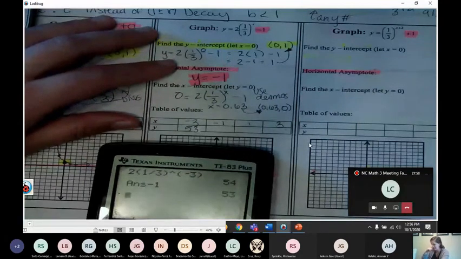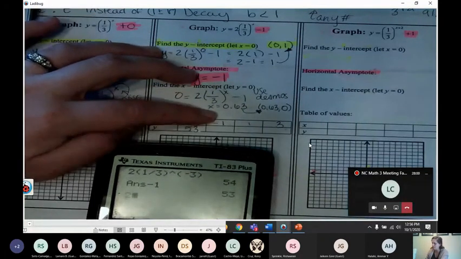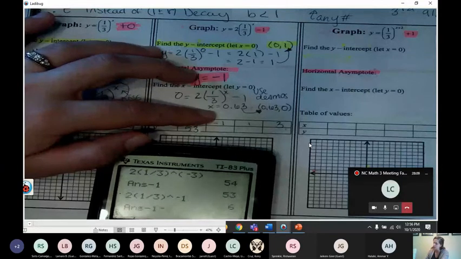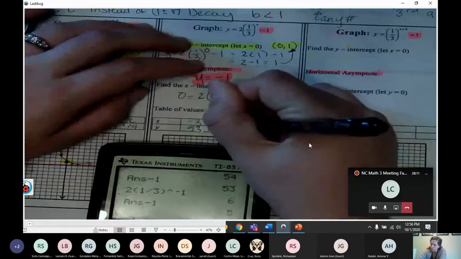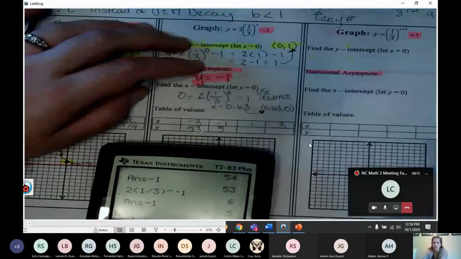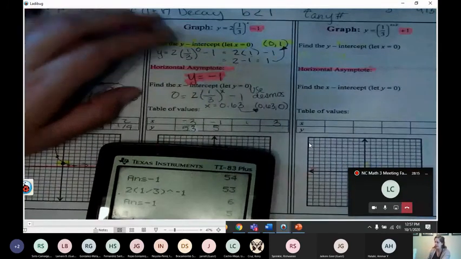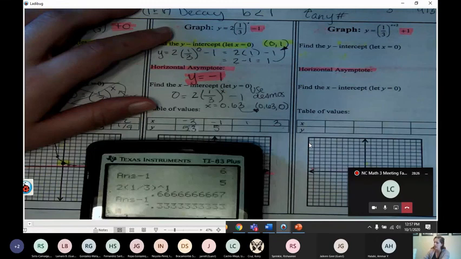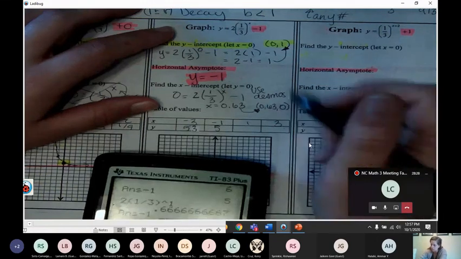So I'm going to do this again, but with the -1, and then subtract 1. And I get 5. That's much more reasonable to plot on our graph. And then 2 times 1/3 to the first power is still just going to be 2/3, and then we subtract 1, and that should give us -1/3.